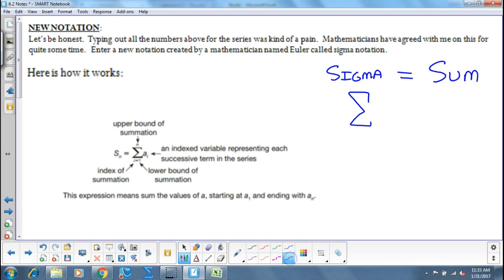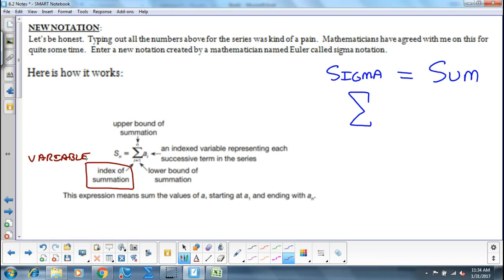The first part is what is technically called the index of summation. The index of summation is simply a variable.